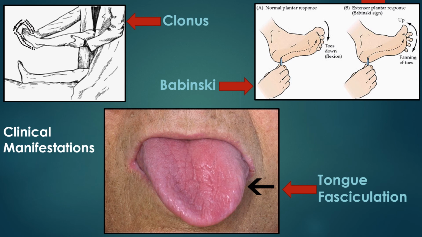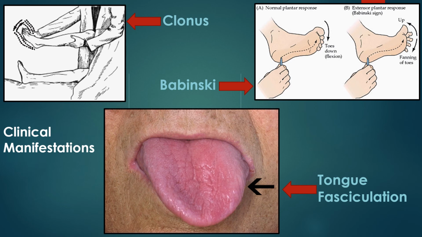They may also demonstrate spasticity. You may also see an extensor plantar response or the Babinski, and limb or tongue fasciculation. Fasciculation is an involuntary contraction or twitching of a muscle. It may be noted in the tongue or a limb.